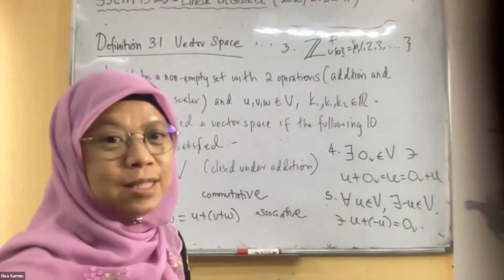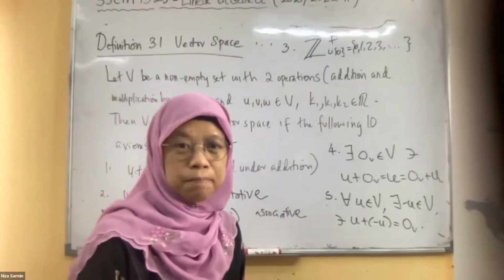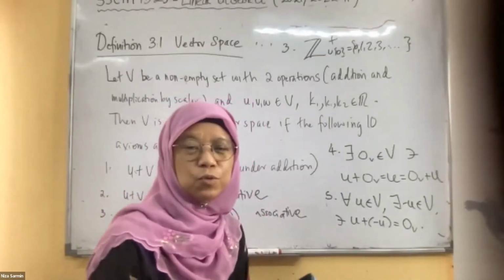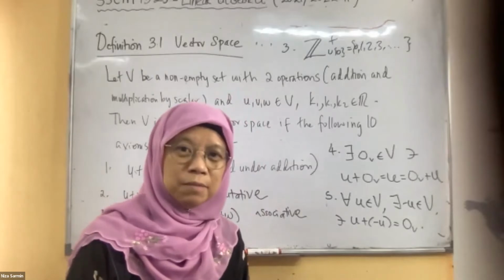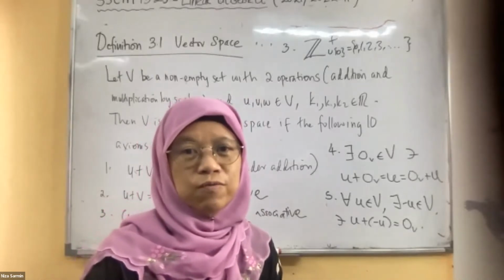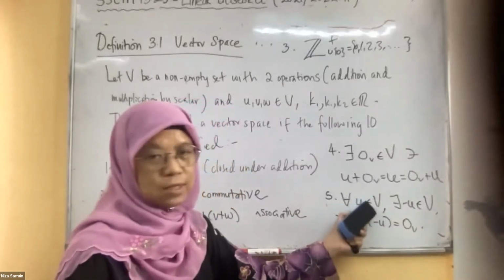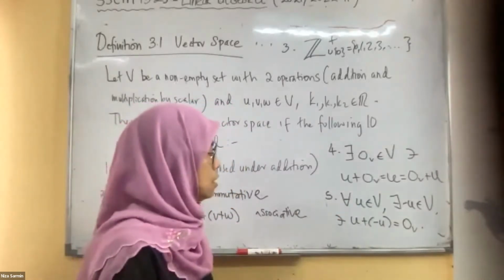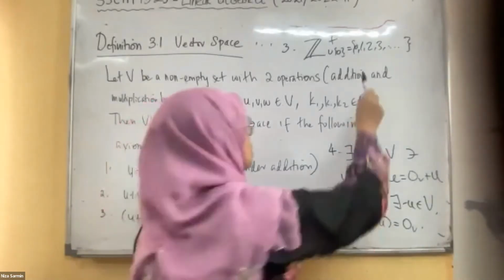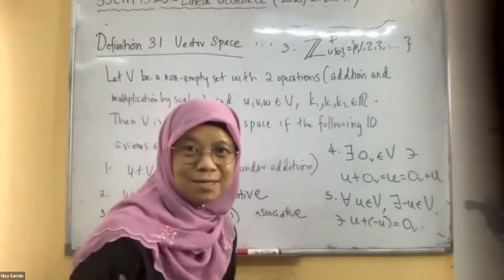We don't call this yet inverse, but it's the inverse under addition. Don't get confused with the inverse under multiplication, right? But yeah, we call this also inverse, but under addition. There is no inverse for this part because there are no negative numbers.